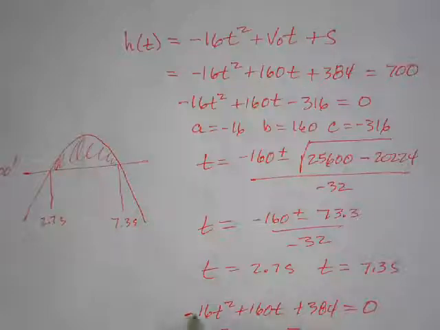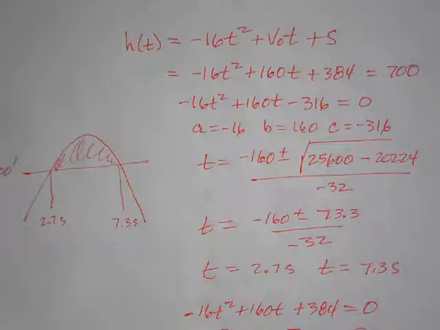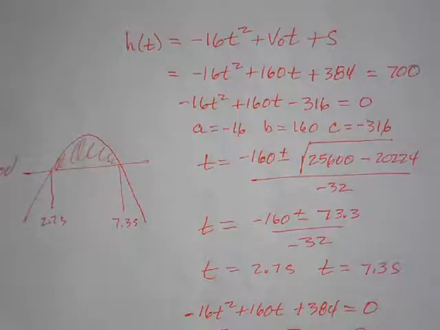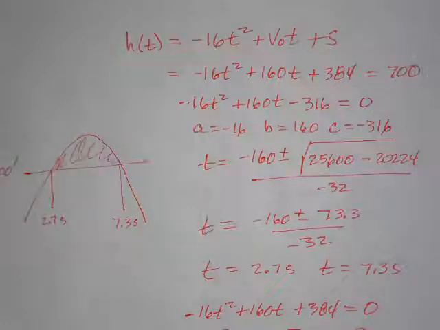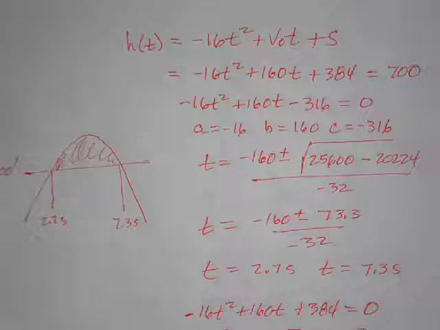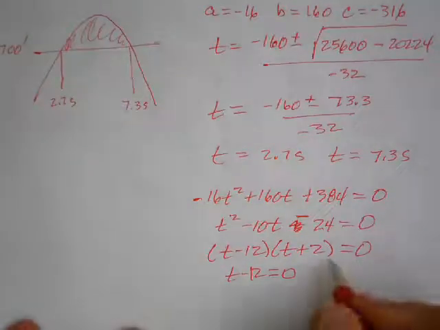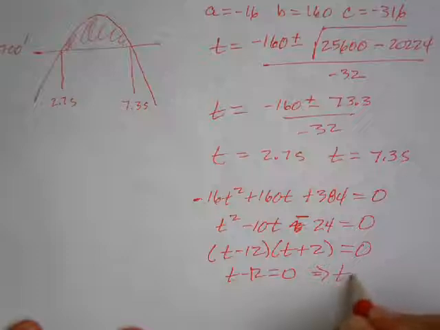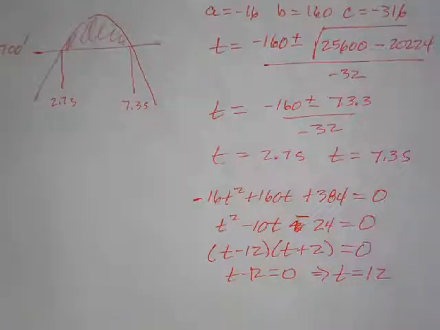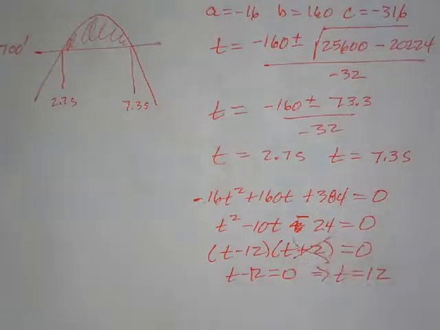This factors into (t minus 12)(t plus 2). One will give me a positive time, so it will be in the air for 12 seconds. And again, can't use the other answer because that'll give me negative time. So this is how long it will be in the air.